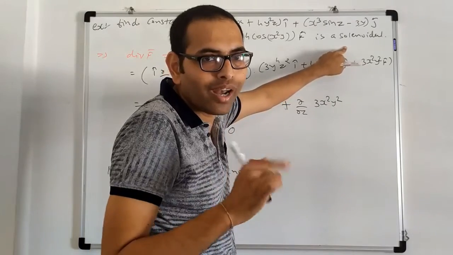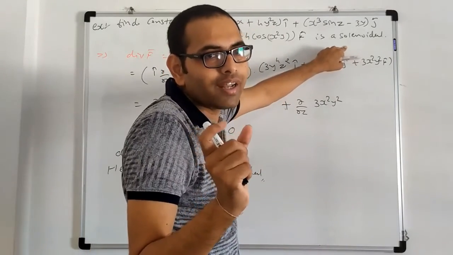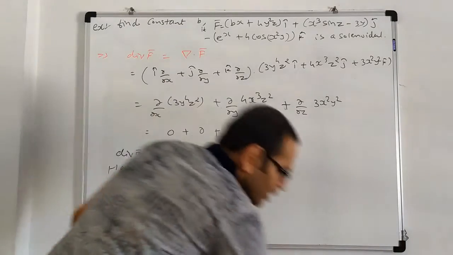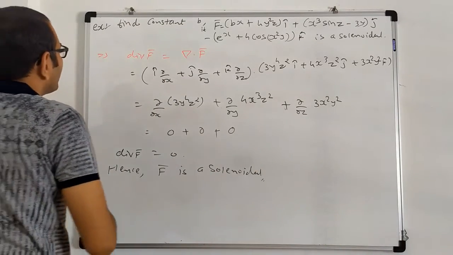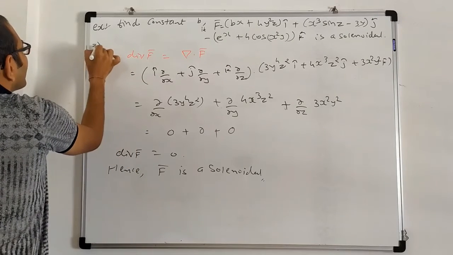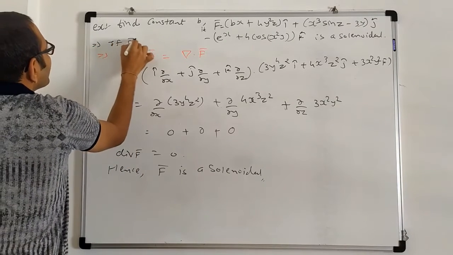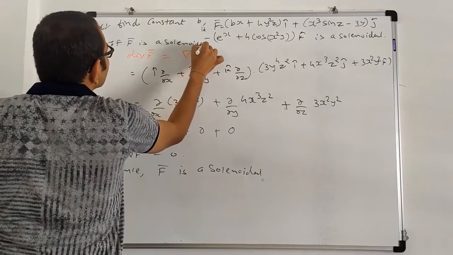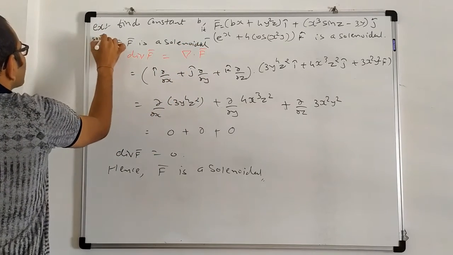The question has the condition already given, that f bar vector is solenoidal. Here we write one statement: if f bar is solenoidal, that is our solution.